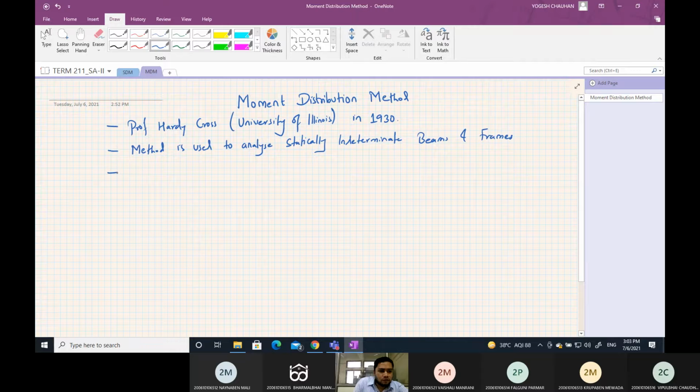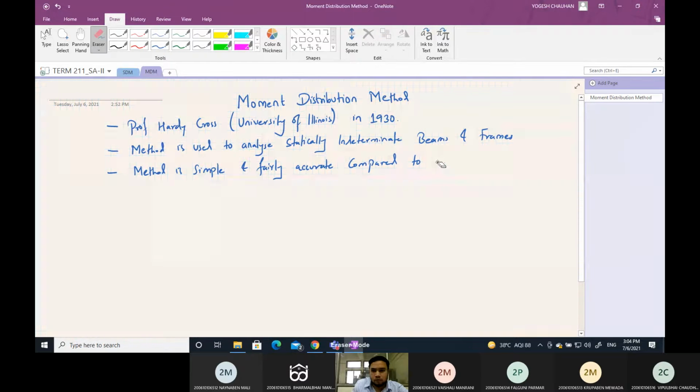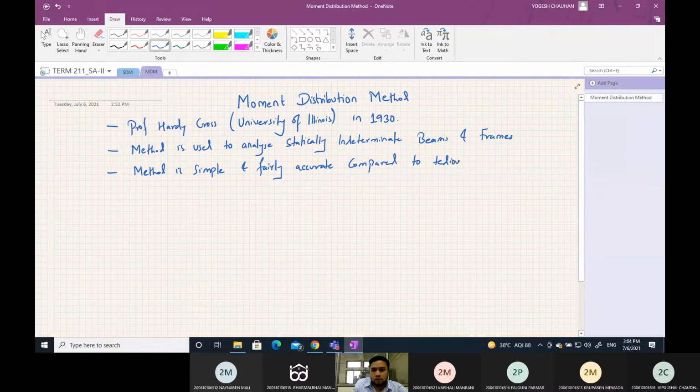Okay, the method is simple and fairly accurate compared to tedious exact methods.